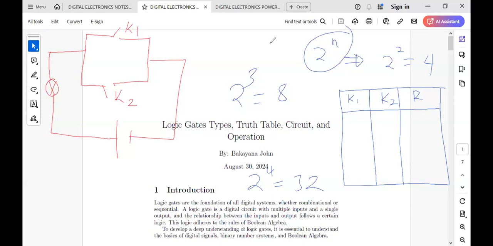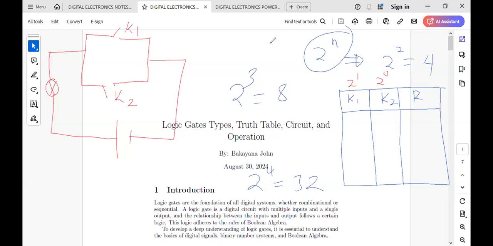But if there are 2, someone gave us a very good formula for you to easily fill in this table. This is 2 power 0, and this is 2 power 1. A 2 power 0 means that the pattern will repeat after 1 digit. A 2 power 1, you get a 2, meaning that the pattern repeats after 2 digits.